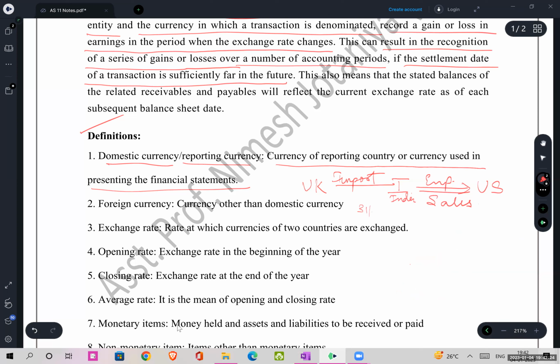On 31st December I made a purchase, because I am importing, which means I purchased. That day the rate was 40 rupees, right. When I purchase, I will pay money. So at the time of payment, say on 4th January, the exchange rate became, instead of 40, it became 42. So don't you think I have to pay 2 rupees more? This is a loss to me.